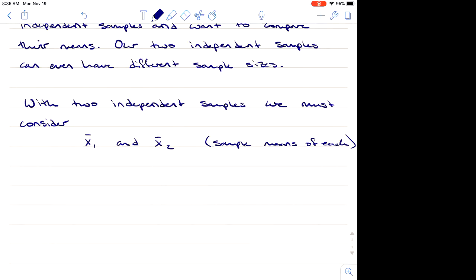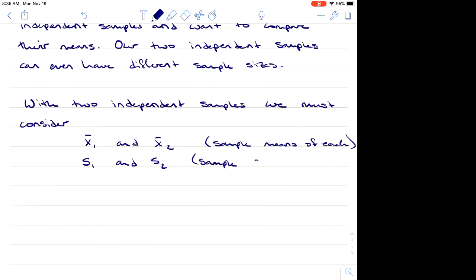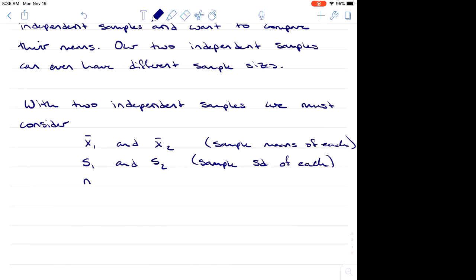Ran out. S1 and S2, the sample standard deviation of each. N1 and N2, the sample sizes of each. So we've got a lot more information here.